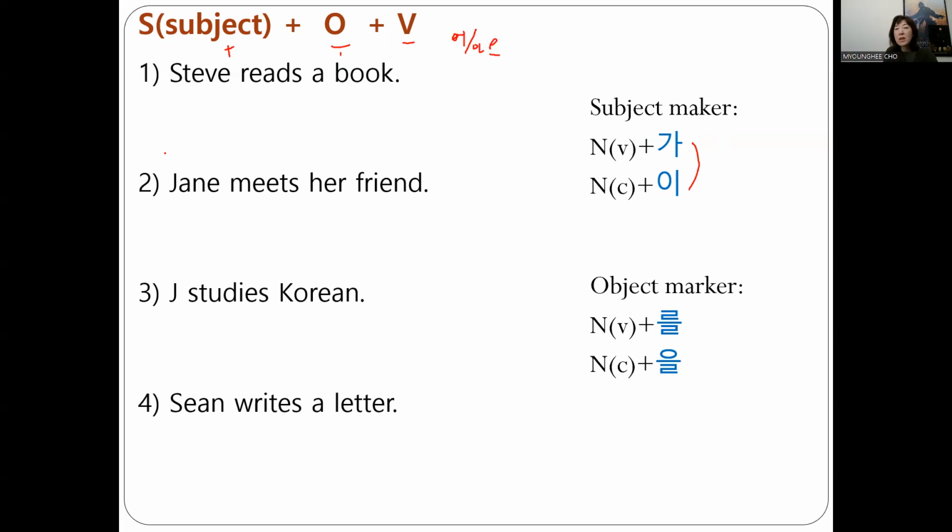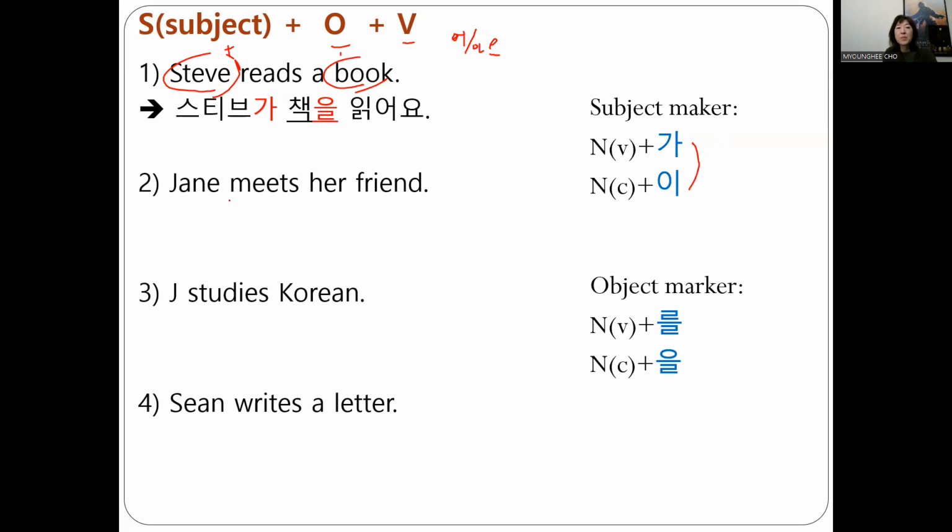So, if I demonstrate, I will not write people's names in red color. Steve ends with a vowel. Steve가 책을 읽어요. Okay? Subject, add the subject marker, object marker, and then the 요 form.